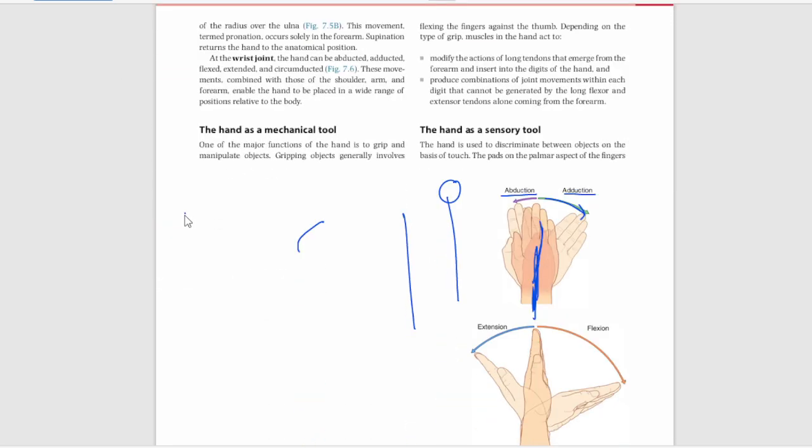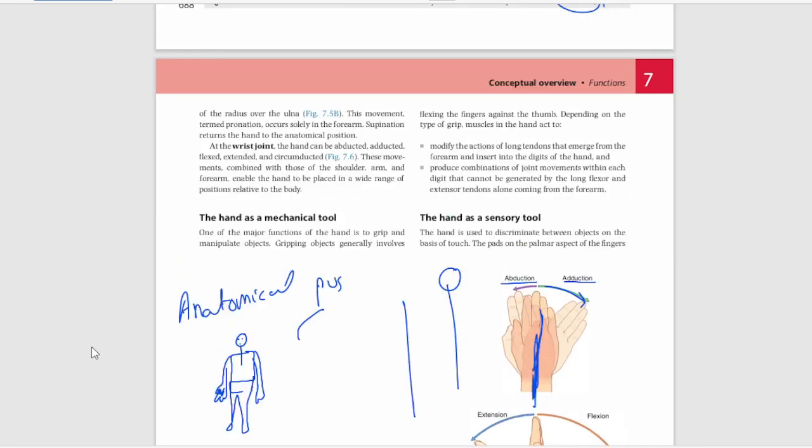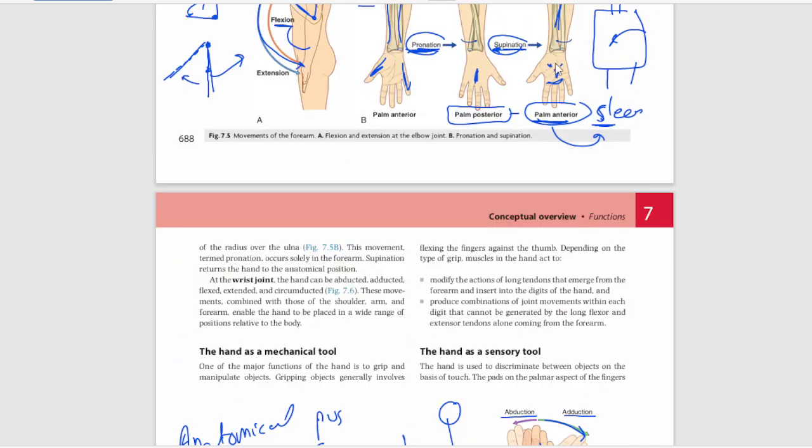And anatomical position, what is the anatomical position? If you stand and face me, this is your hand, and the palm has eye, nose and mouth.